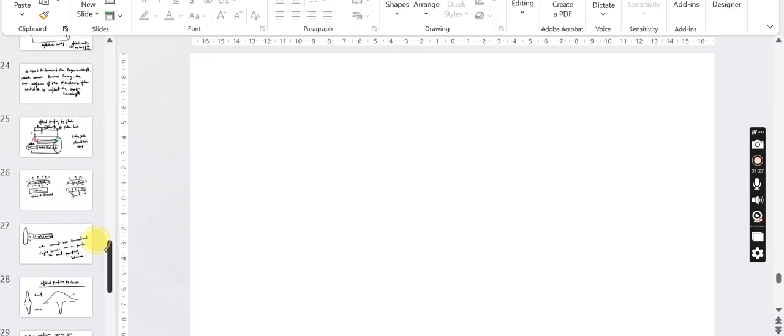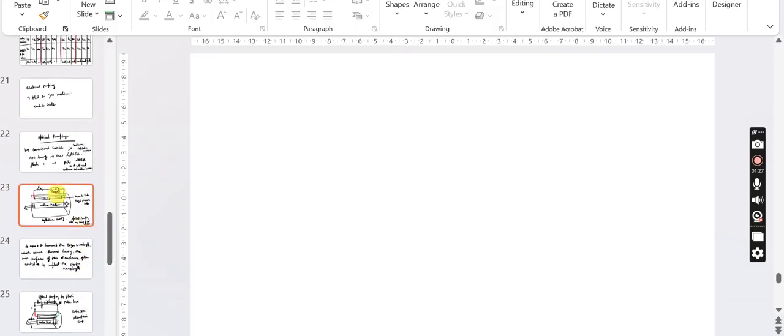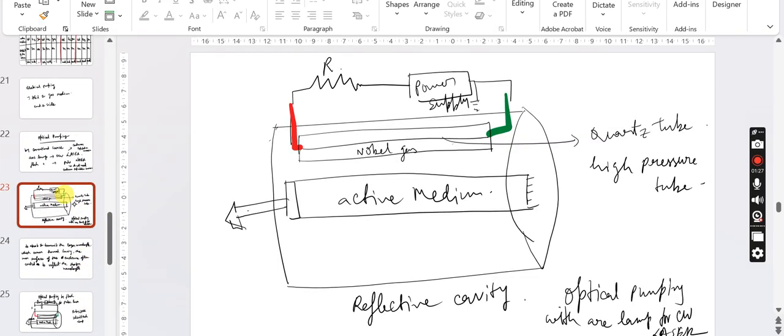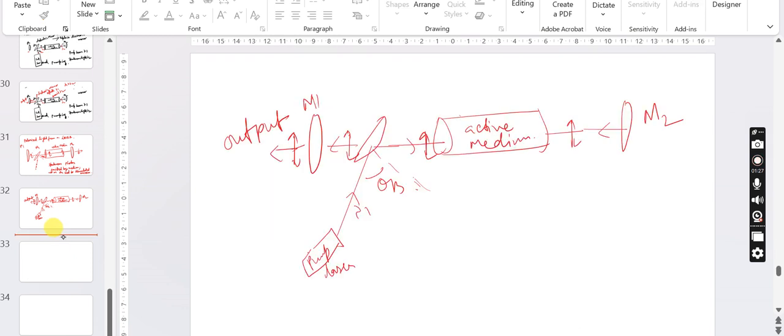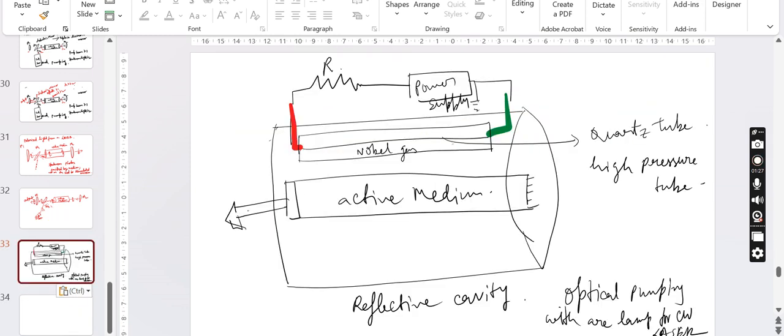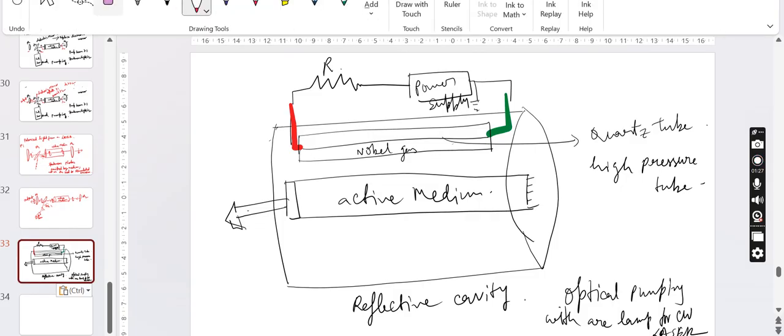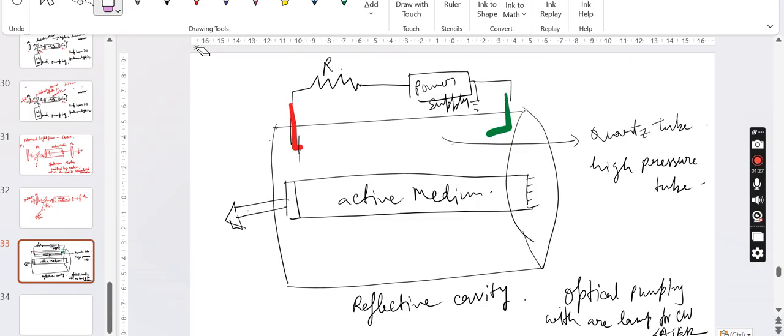For electrical pumping also, it is the same as a CW laser. But here we don't need the noble gas, quartz and all those things.